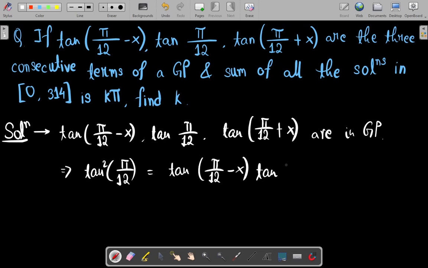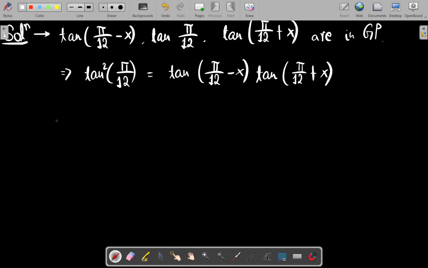tan(π/12 − x) times tan(π/12 + x). I'm keeping the left hand side as it is and working on the right hand side. This is the product of tan(a − b) times tan(a + b).